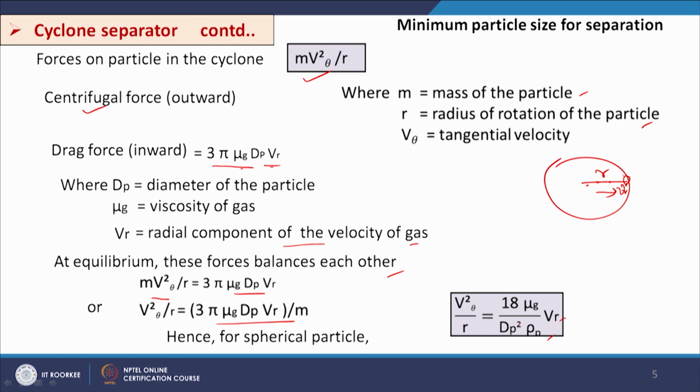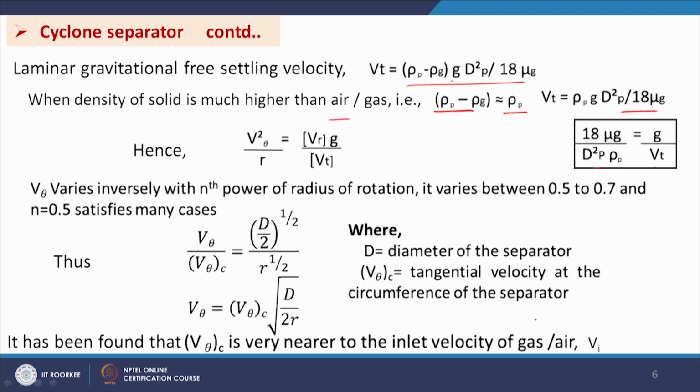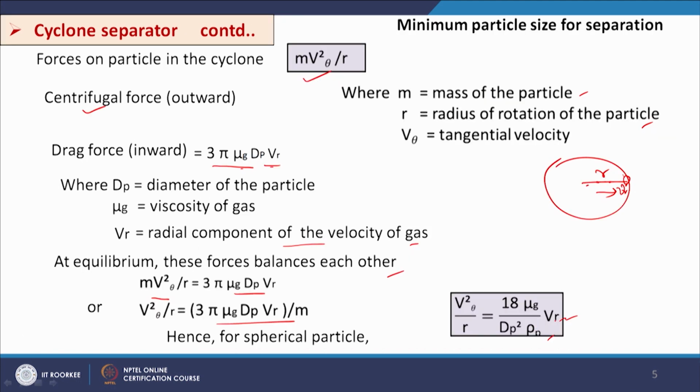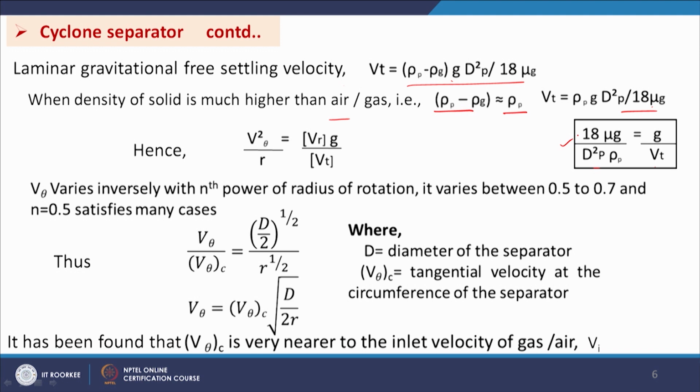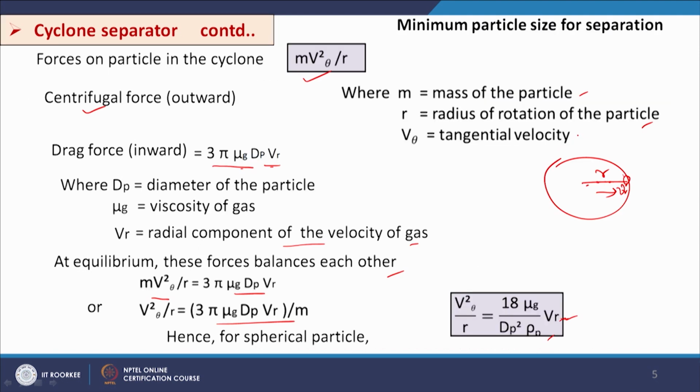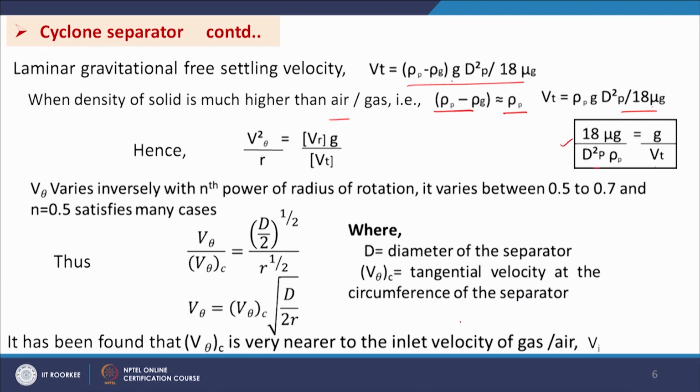So, this right hand side term is the same for these two equations, the right hand side term here and left hand side term here are same. So, what we had, V theta square by r, that is equal to nothing but g by V t.